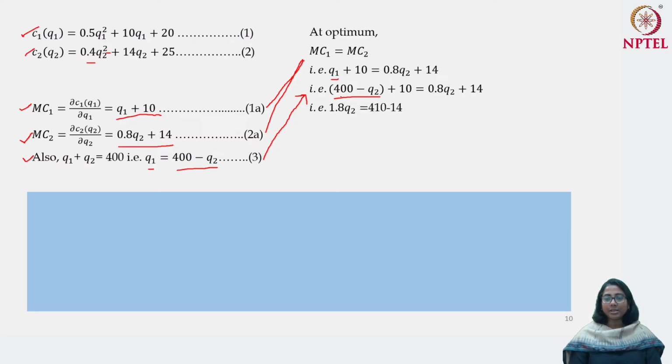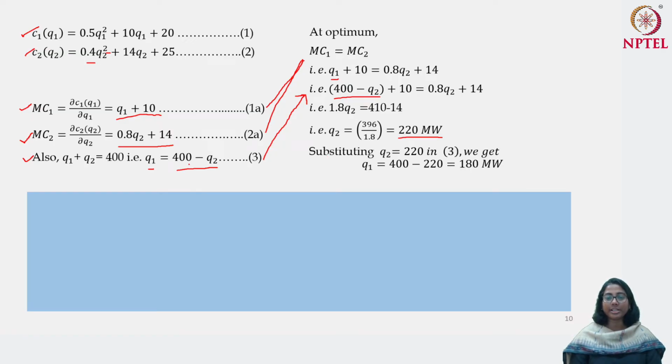If I take Q2 to the right hand side, I get 1.8 Q2, which will be equal to 400 plus 10, that is 410, minus 14. So 1.8 Q2 is equal to 396, or Q2 is equal to 396 by 1.8, which is equal to 220 megawatt. So the second generating unit is going to produce 220 megawatt of electricity.